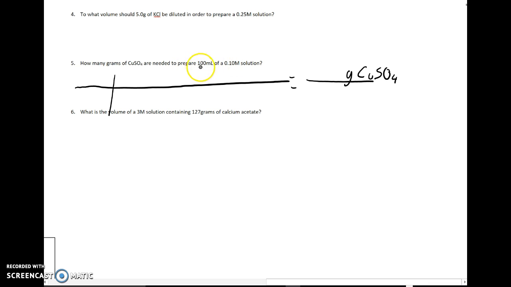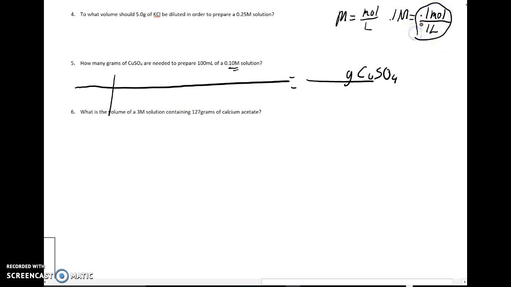I'm preparing 100 milliliters of a 0.1 molar solution. In reality, I have to recognize that molarity is going to be a conversion factor. And again, if I go back to the idea that molarity equals moles over liters, then a 0.1 molar solution is equal to 0.1 moles over 1 liter.